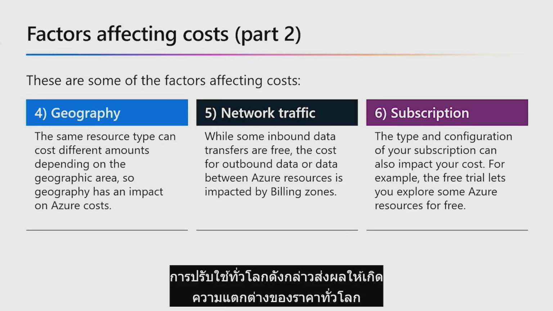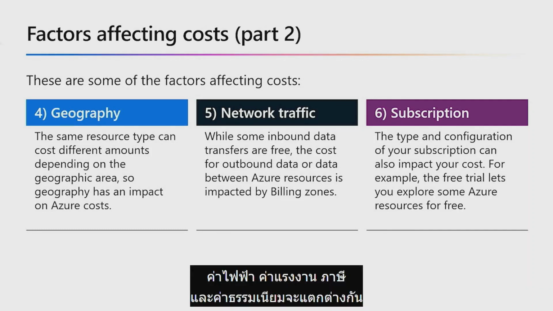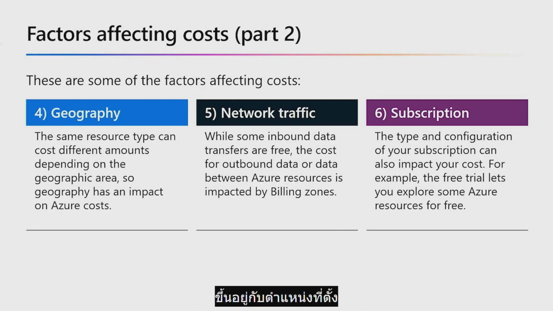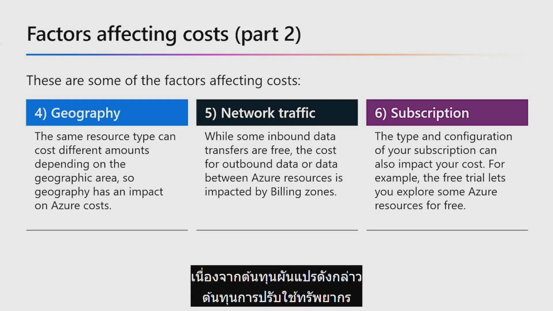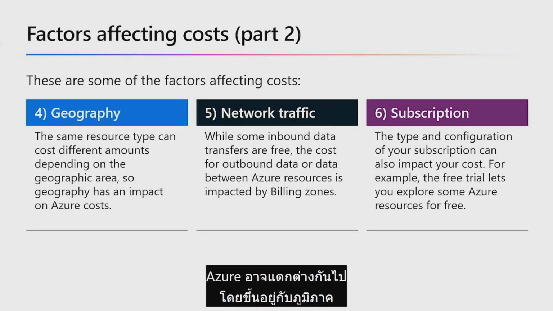Such global deployment results in global price differences. The cost of electricity, labor, taxes, and fees varies depending on the location. Due to such cost variation, the deployment cost of Azure resources may differ depending on the region.